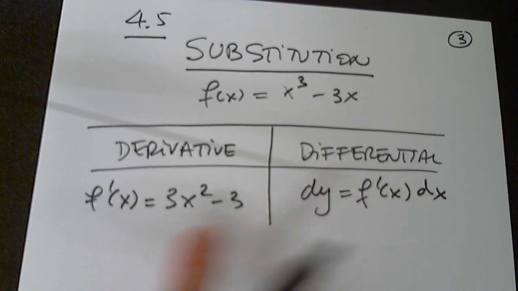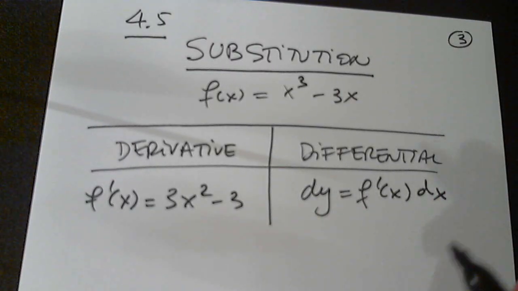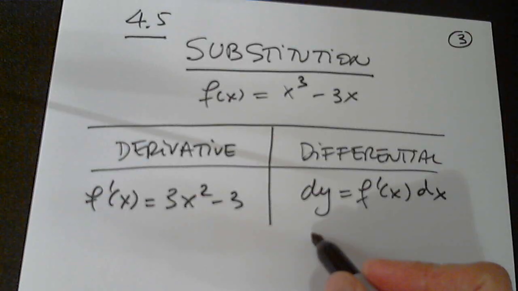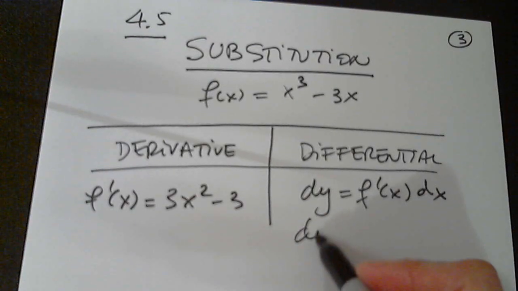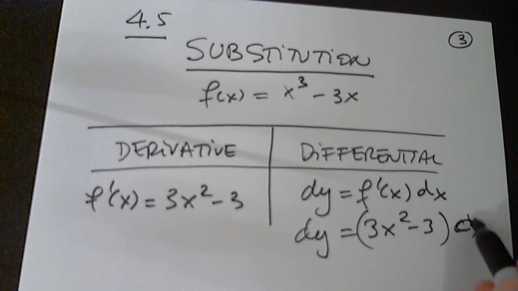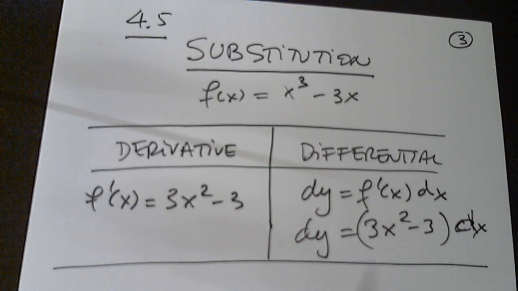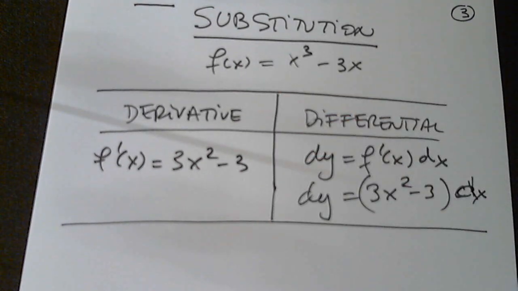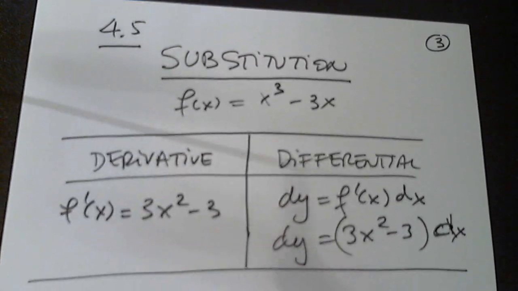So now can anyone give us the differential for this function? Three x squared minus 3 times dx. Indeed, this is it. So you're going to see now why this is extremely, extremely important in this chapter and the last section. That's all we cover in chapter 4, 4.1 through 4.5.